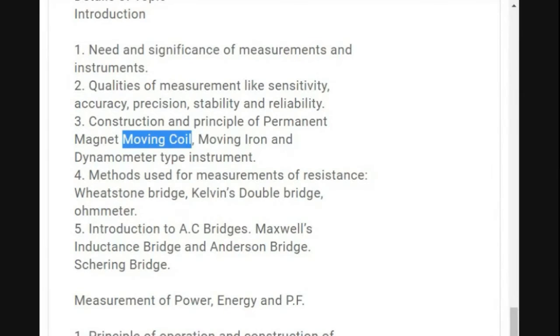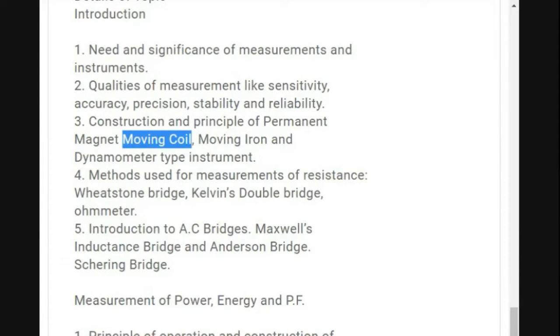Okay, now once these instruments play an important role in the measurement process, we also have some electrical circuit based comparison methods called bridges. You must have seen the very first bridge, that is the Wheatstone bridge.